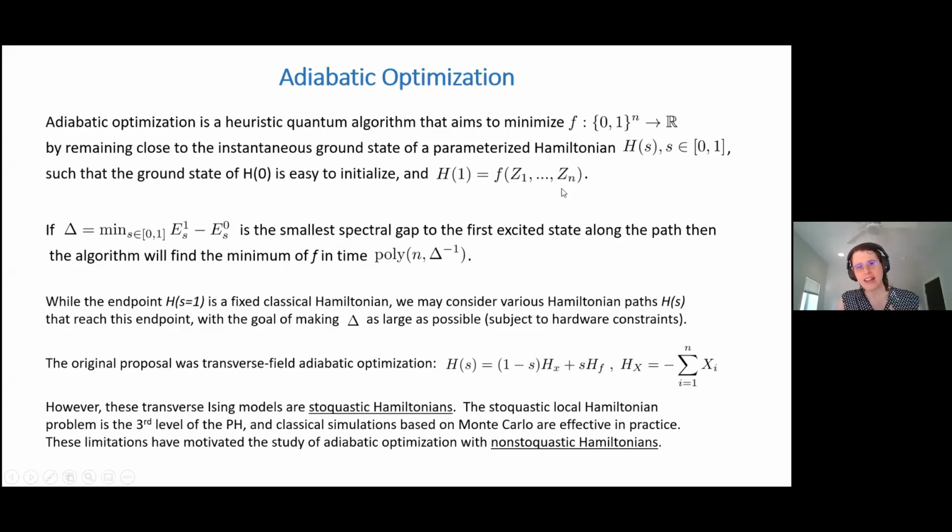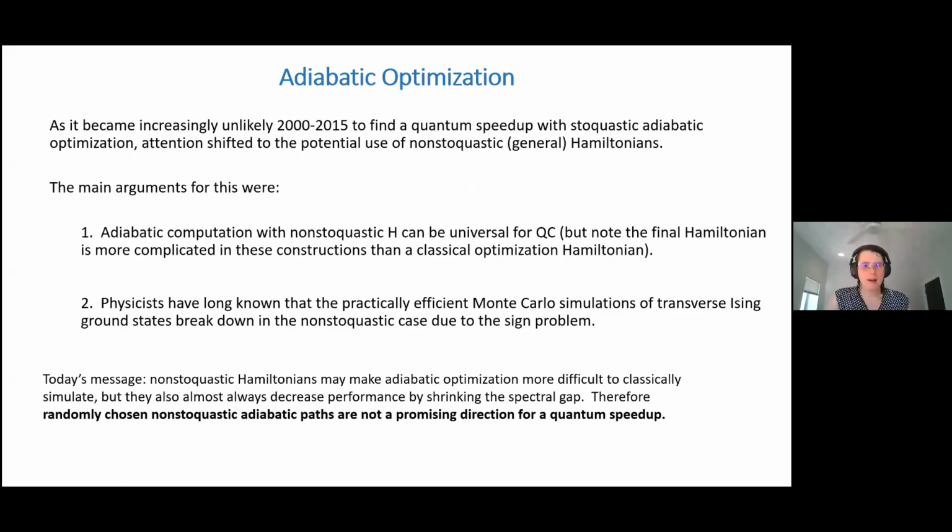So that's an important distinction. There are adiabatic algorithms in general, which can be universal, and there's adiabatic optimization, which is this specific algorithm. So that's encouraging, that if we have a sign problem, we can potentially be universal.